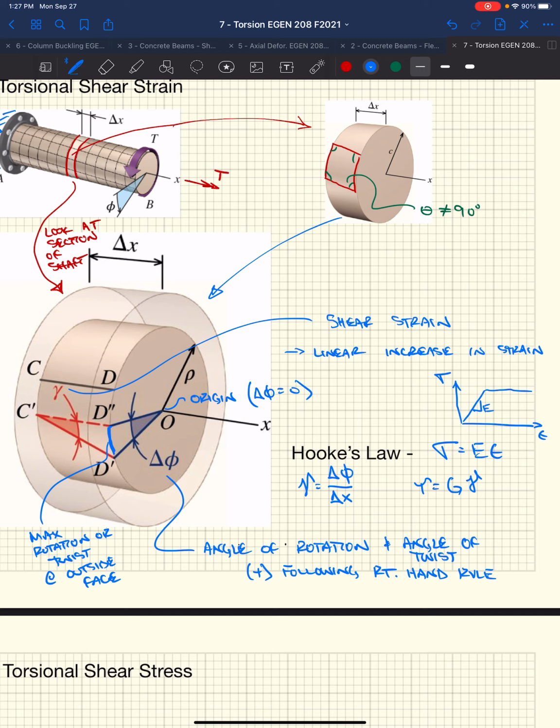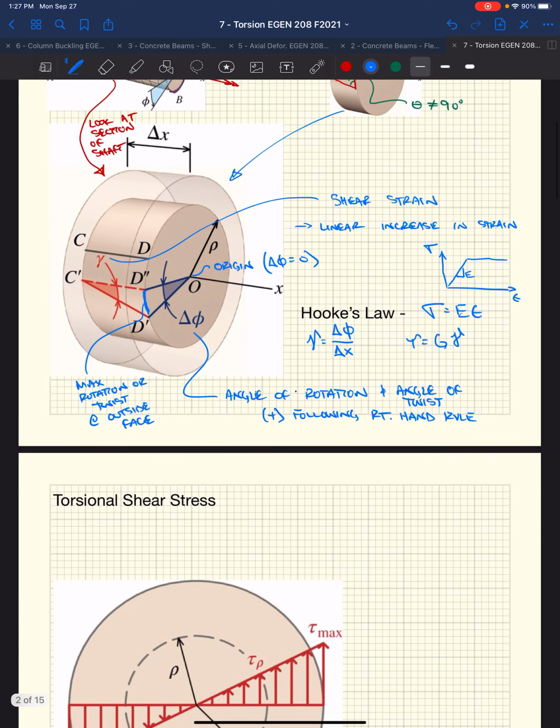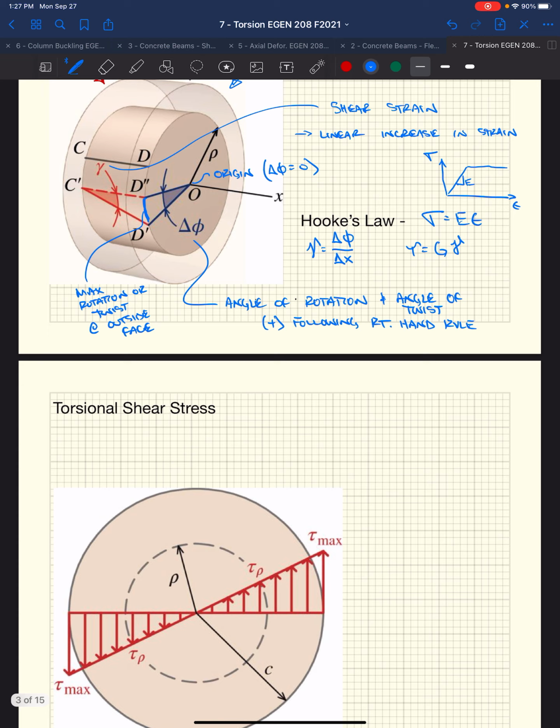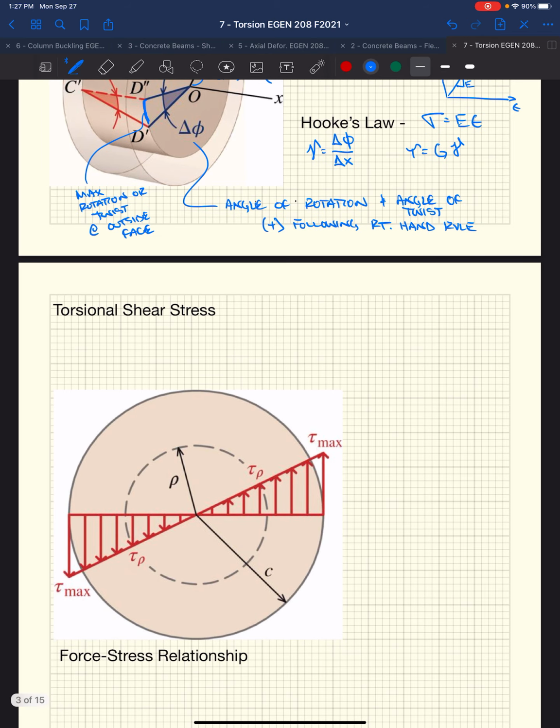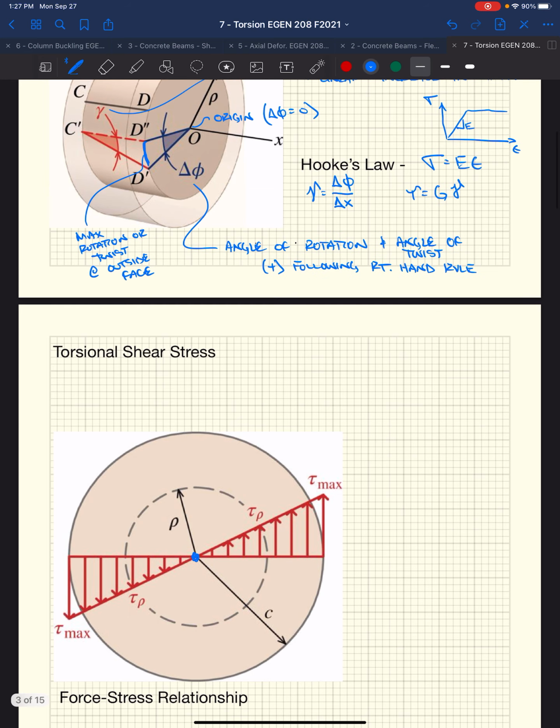So if we take this sliver and look at the end of this sliver of shaft, we're looking at the shear stresses that are acting at the end of the shaft. Stress is a function of strain.